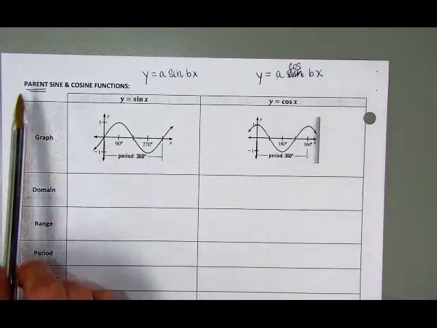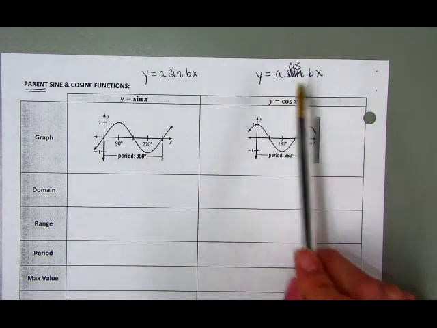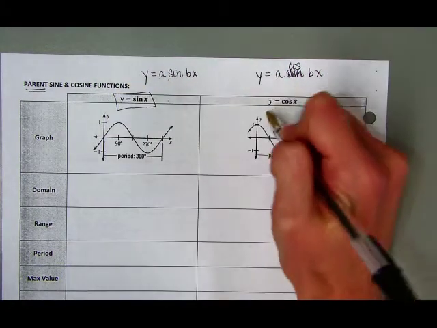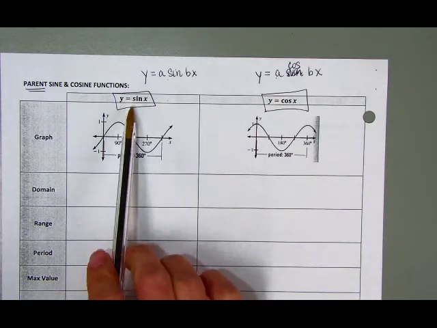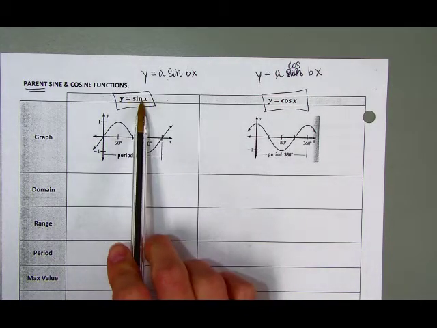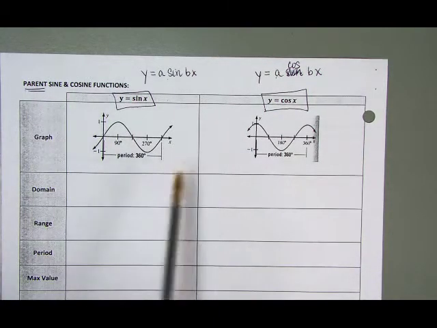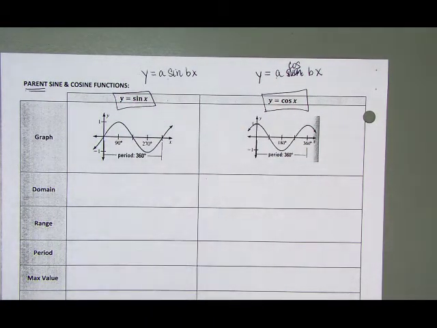But the idea is that our parent function has 1 for both a and b for both cosine and sine, so that these are what we call our parent function, because we have a 1 in front of our sine and a 1 invisibly in front of our x for both of these.